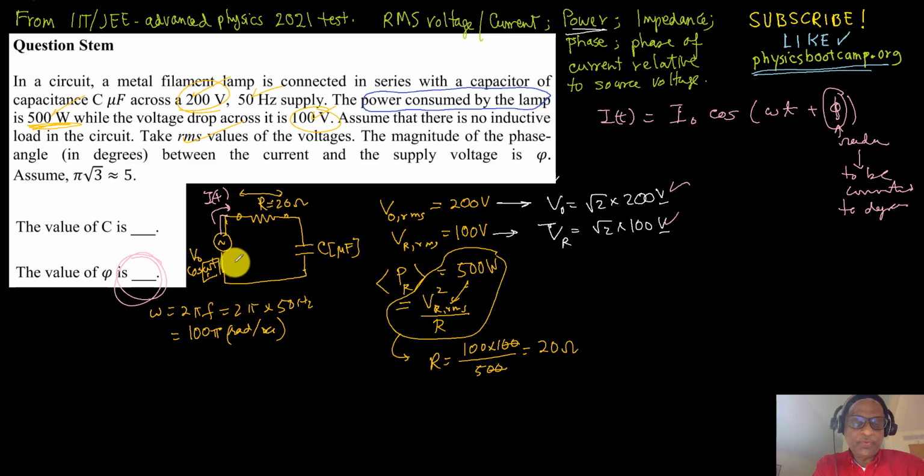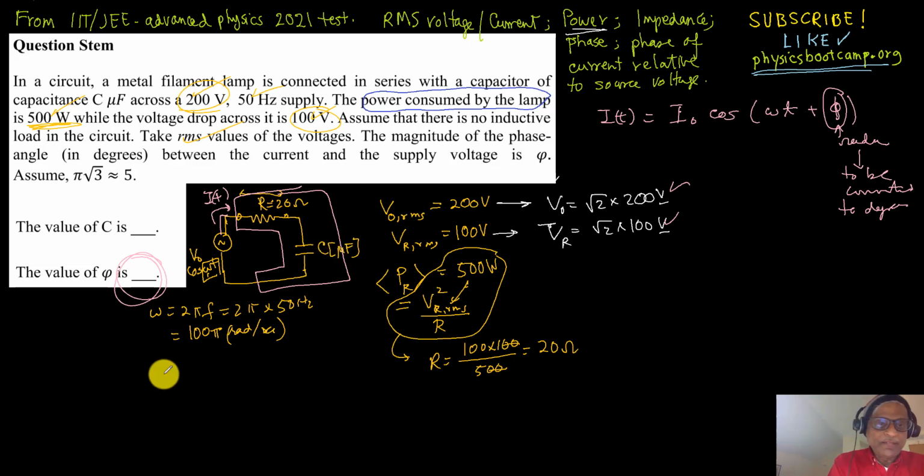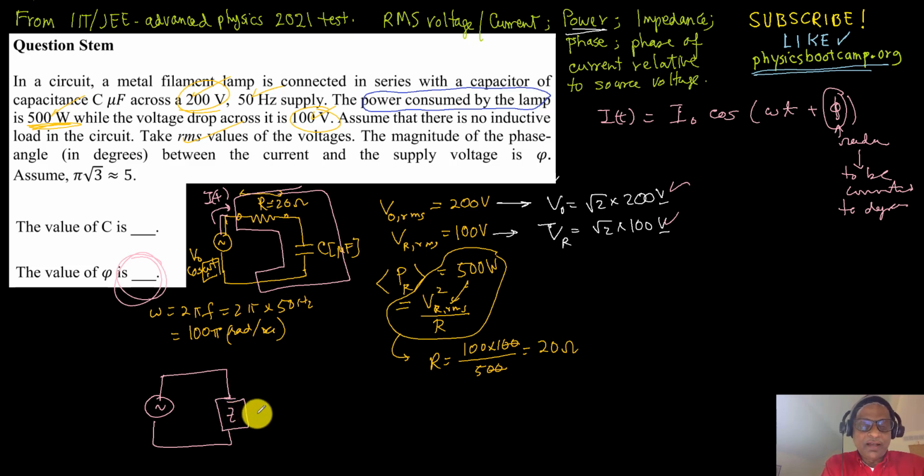If I knew the impedance of the entire circuit, it would become like 1 over Z. If I knew the impedance of this circuit, I would be able to get it very easily, right?